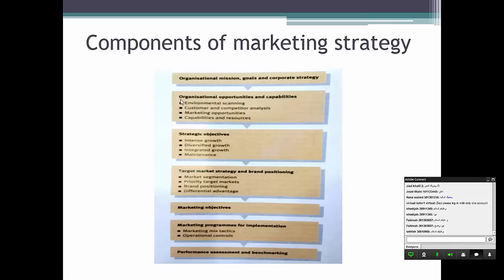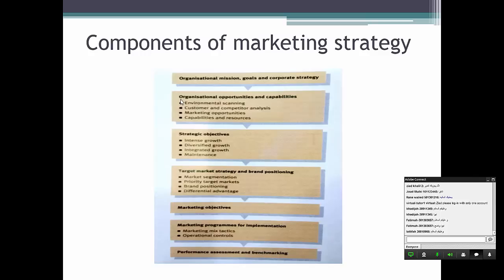Okay, so in the second phase, you need to analyze the environment by scanning the environment first. Okay, and then also make the customer and competitor analysis, using also some models.